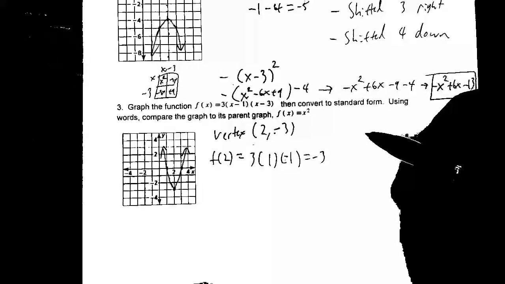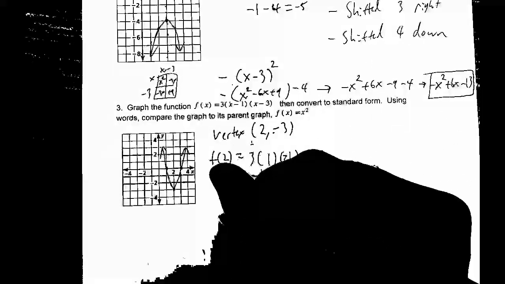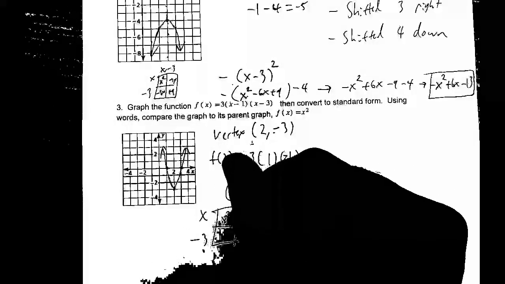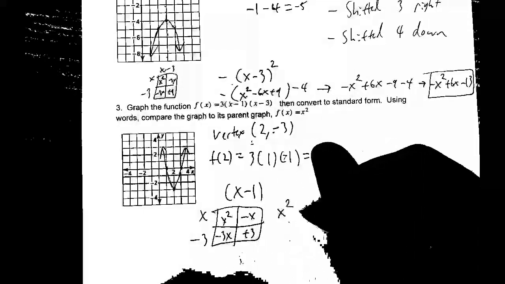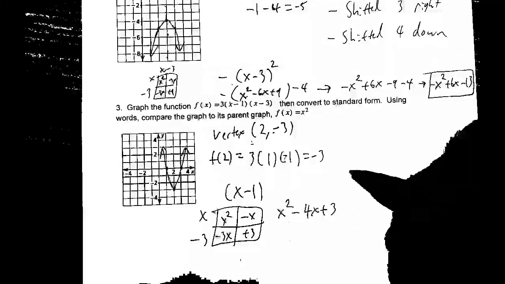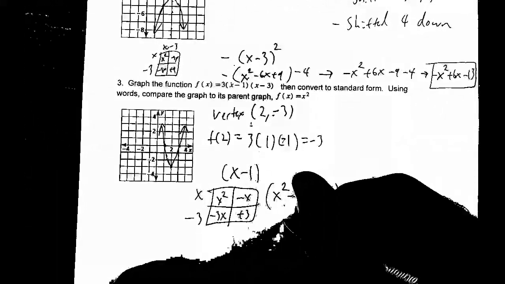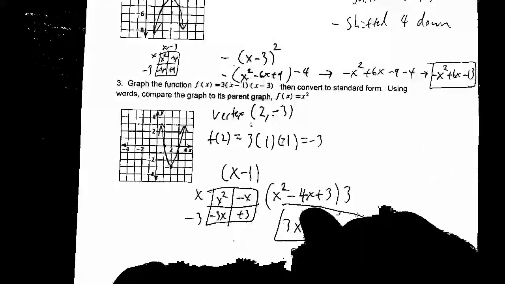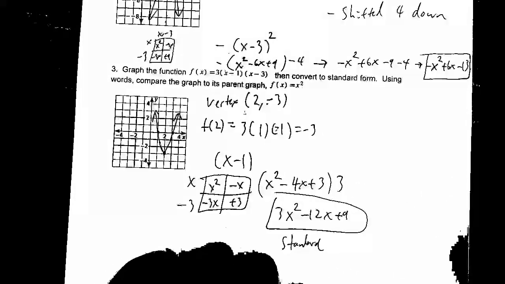Then let's convert it to standard form. To convert to standard form, we're just going to multiply all these together. We'll do (x minus 1) times (x minus 3). We'll get x squared minus x minus 3x plus 3, so x squared minus 4x plus 3. Then we'll multiply all of that by 3 because we still have that 3 out front, so we'll get 3x squared minus 12x plus 9. This is standard form. Then compare it to the graph of x squared.